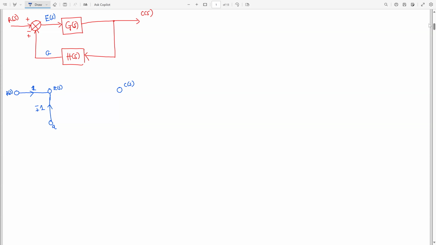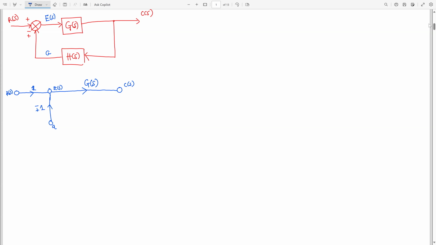So from there, we move on to this side. Here, we join the error signal to the output signal, showcase the direction of the signal, and then name the branch with the transfer function of that system.